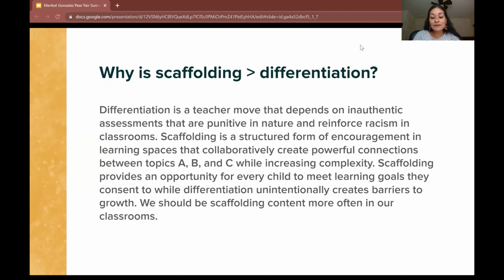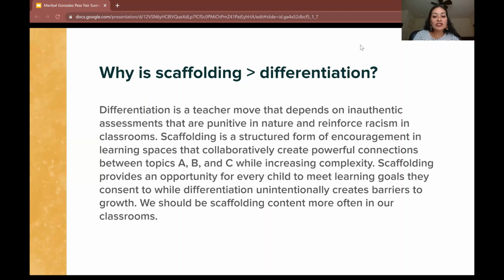So scaffolding is a really powerful way of not only getting consent from students about what you're learning, but you are working with them and having them think about their own experiences and what they bring to the table to come up with solutions or to understand the content using multidisciplinary approaches. And so using a project-based learning approach is a really fantastic way of scaffolding in the classroom, because you're centering learning around answering a driving question or an essential question, and focusing on how you can get students understanding that.